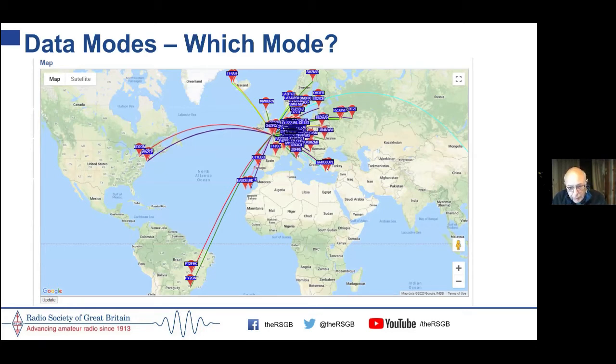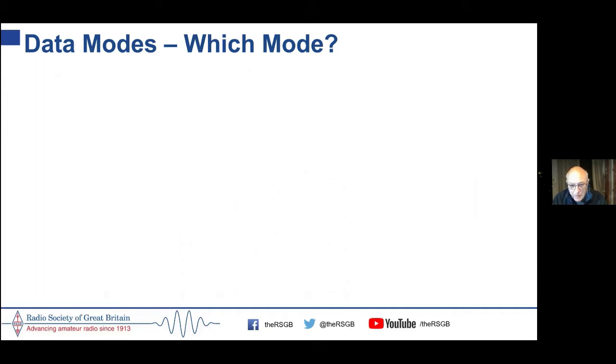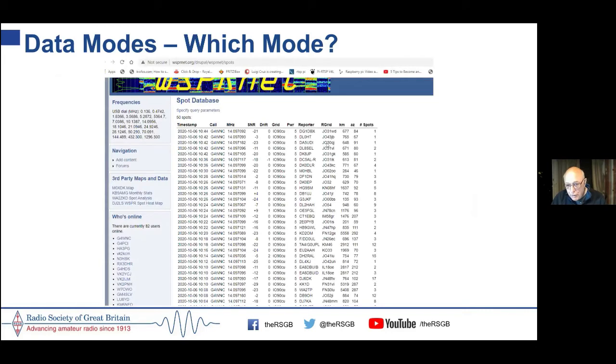For some reason, where I am, I always do extremely well down to South America, and this shows it up. And you can also have the results as a table. If you have the table, you get lots of information here. What I've done here, I've asked it to provide me the last 50 spots of my call sign. And what it's shown me is all the stations that have received me.